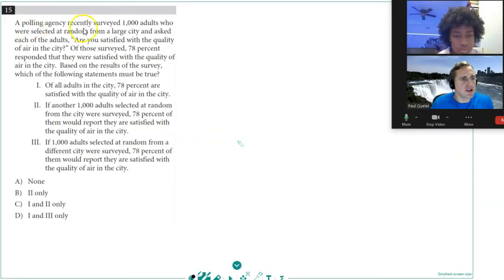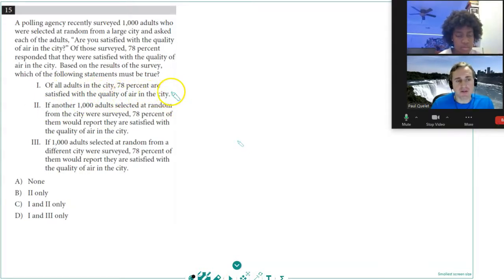It says a polling agency recently surveyed 1,000 adults who were selected at random from a large city and asked each of the adults, are you satisfied with the quality of air in your city? Of those surveyed, 78% responded they were satisfied. Based on results of the survey, which of the following statements must be true? Of all the adults in the city, 78% are satisfied.